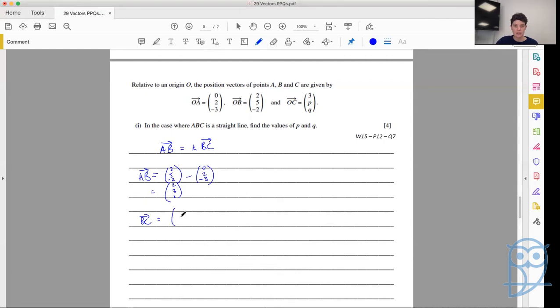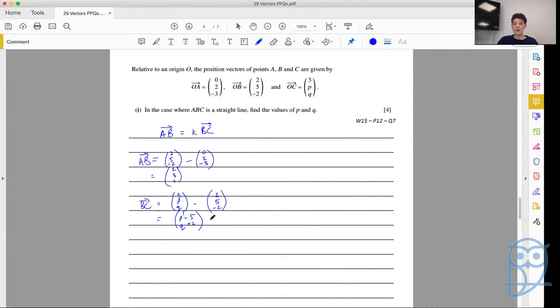BC is going to be 3, P, Q minus 2, 5, minus 2. So the 3 minus the 2 gives us 1, P minus 5, Q plus 2.